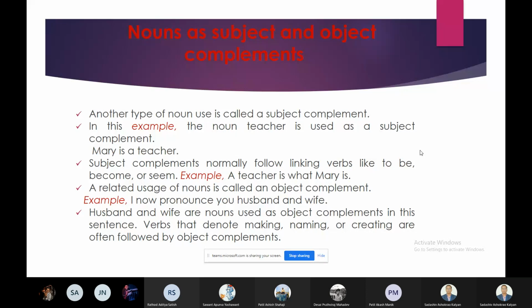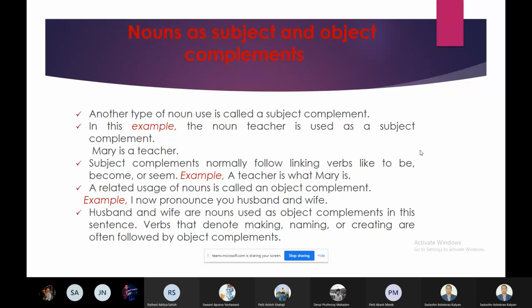Husband and wife are nouns which are used as the object complement in this example: I now pronounce you husband and wife. In this example, we find the words husband and wife, both are nouns in this sentence and are used as the object complement.